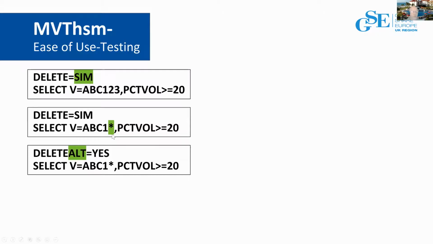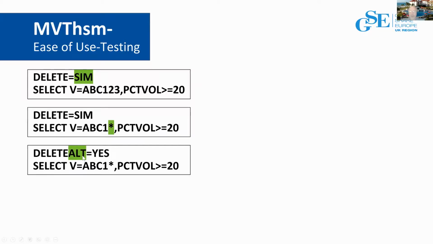Or you could use a wildcard, so you get ABC1 and then anything after that, as long as it's in the HSM pool and the percentage is 20% or greater in deleted block IDs. You can also say, I would like to do the delete, but I only want to do it on the alternate copy.